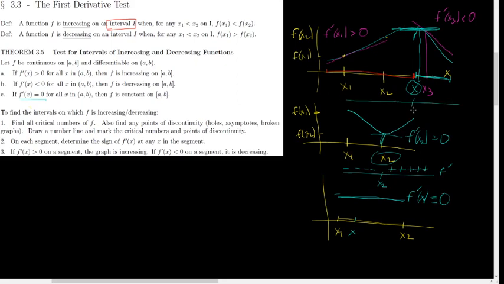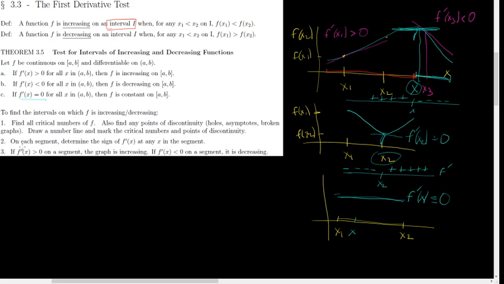If this is my critical number x, before the derivative was positive everywhere, and then afterwards it's negative. So the idea is to look at the intervals and then use your critical numbers as dividing points, and then determine where it's going to be positive and where it's going to be negative. Does that sort of make sense?